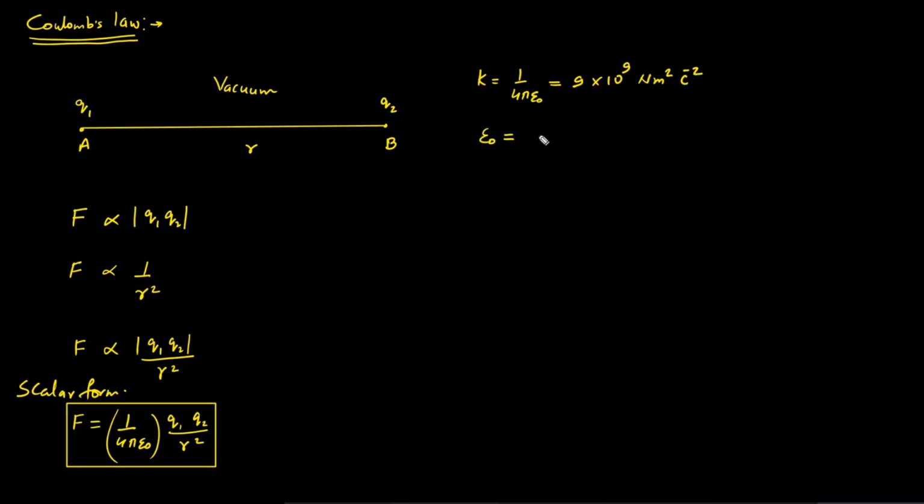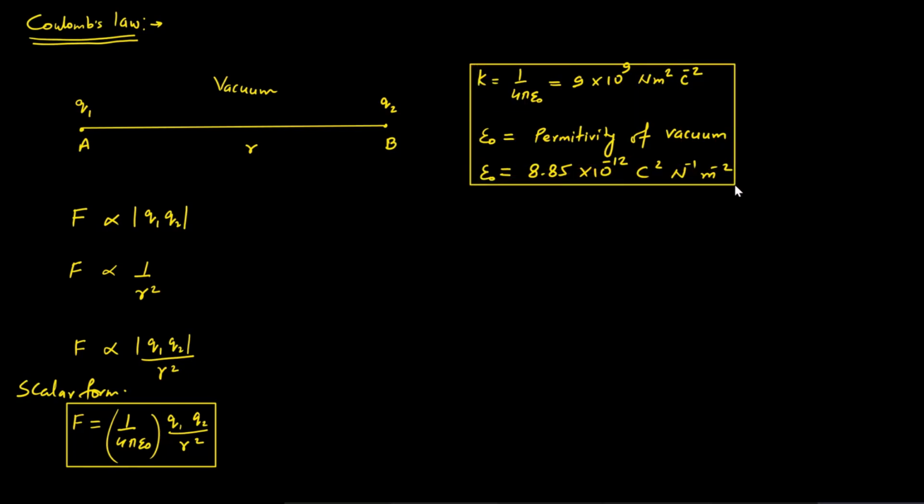Here epsilon naught is the permittivity of free space, or vacuum, and it has a specific value, 8.85 into 10 raised to minus 12 Coulomb square per Newton per meter square. Remember that these two values you have to memorize.